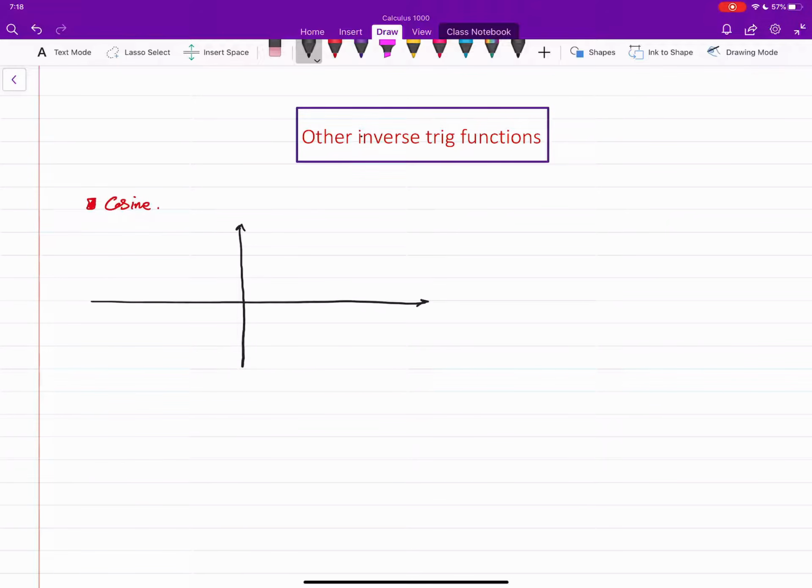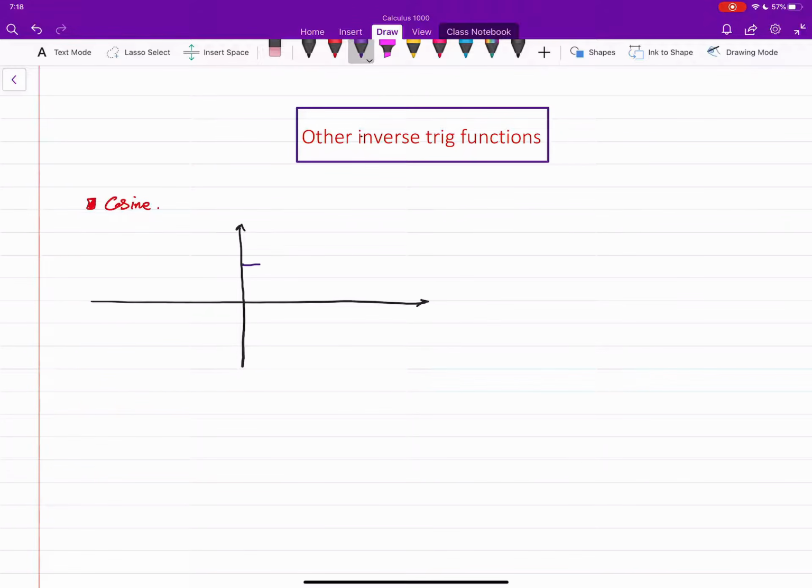To make it one-to-one, we restrict the domain to the interval negative pi over 2 to pi over 2, such that the function on that interval is one-to-one, and then we can define the inverse. We need to repeat this story for all the other trig functions. Basically, we have to fix the interval to which we restrict our trig function to get a one-to-one function.